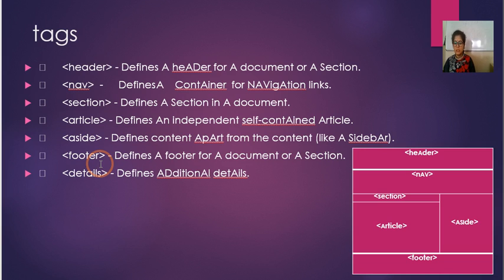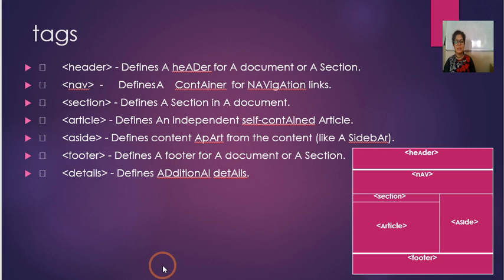For example, this website is of a particular company. They want to write their name or something special in the footer, or page number, whatever they want to write, they can write in a footer. So this is the footer part.